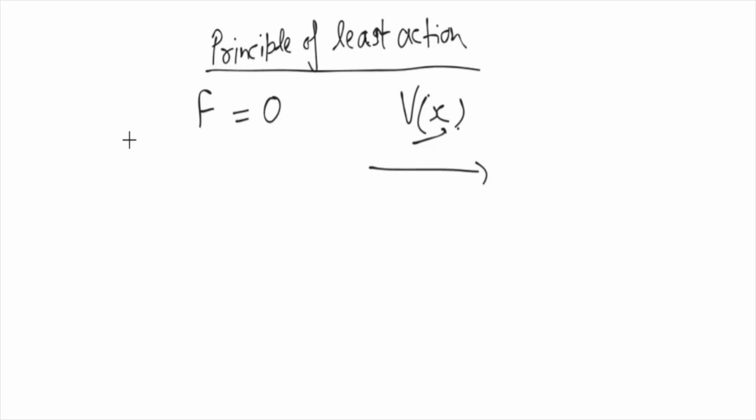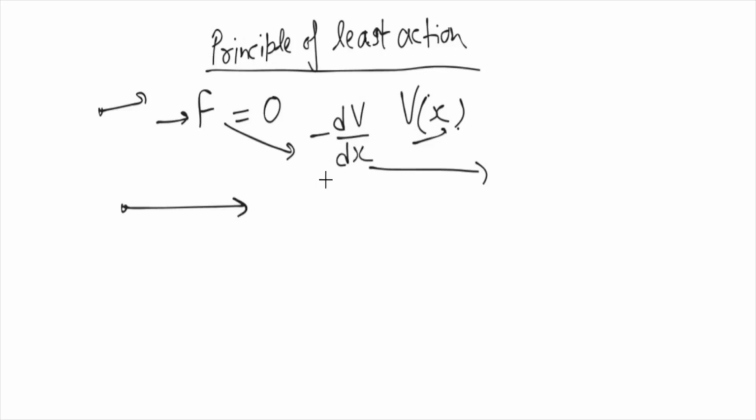I have already told you that if a particle is not moving, it means the force vanishes or is zero. Let's first think of the case that the particle is moving in a line. What is the relationship between the force and the potential energy? It is F = -dV/dx.